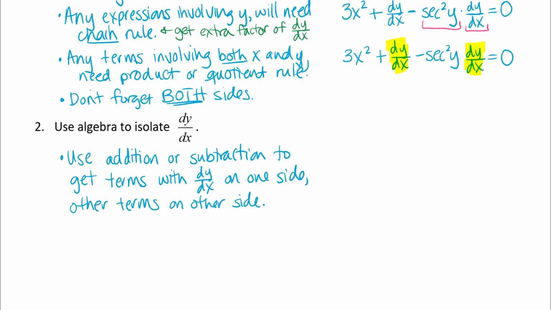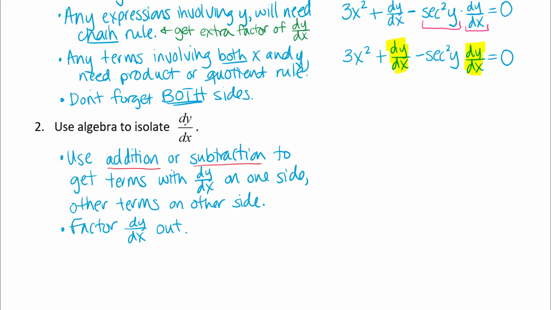Sometimes there's a little bit of distributing first, but generally you're always going to use addition and subtraction to move terms from one side of the equation to the other. The next main step in the algebra is that you're going to factor dy dx out of the terms that involve dy dx.